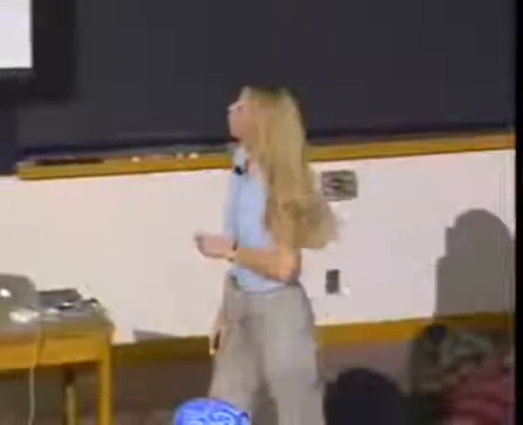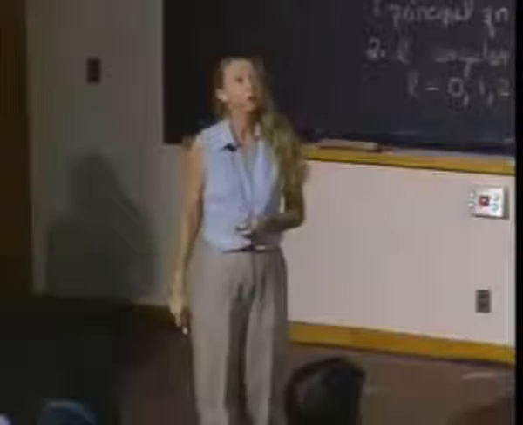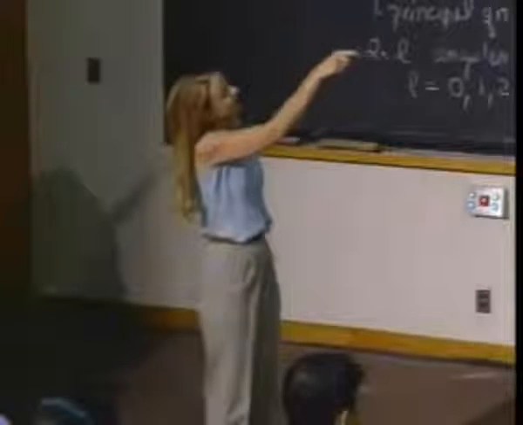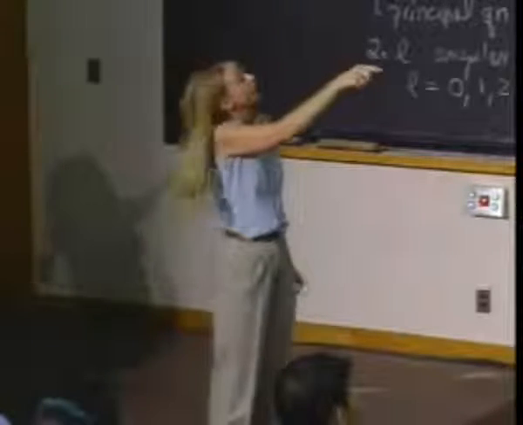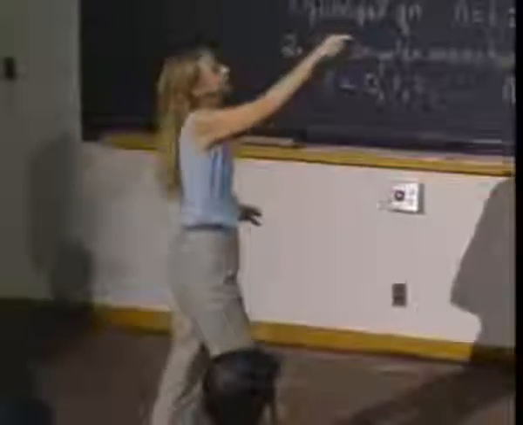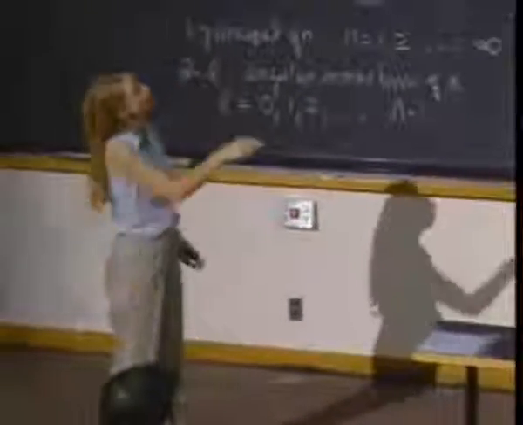Now, when L is equal to 1, again, we don't use L equal 1, we use a letter. That letter is p. We call that a p orbital. So this state here, the 2, 1, 1 state, is going to be a 2p wave function, or the electron in it is going to be represented by this 2p wave function.